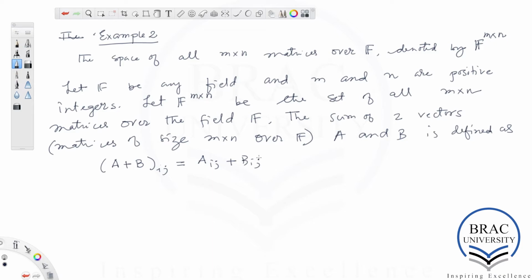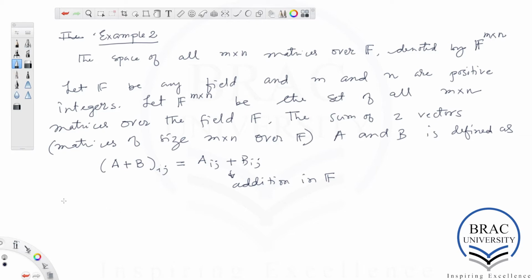Okay, so this addition is in the field F, because these are matrices defined over F. Okay, and the scalar multiplication.